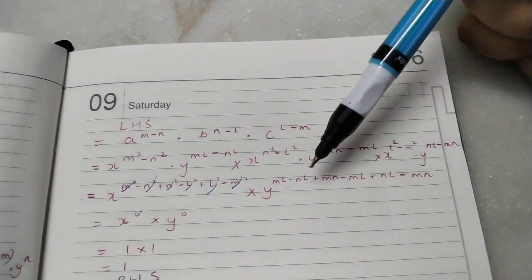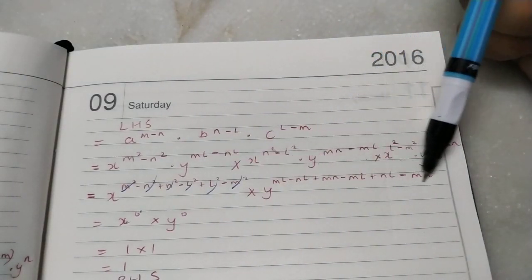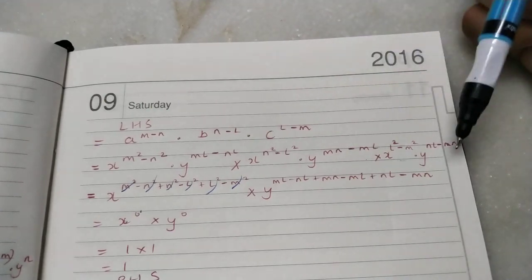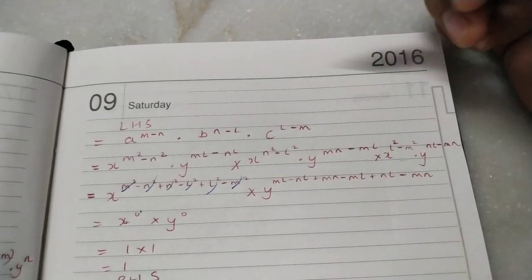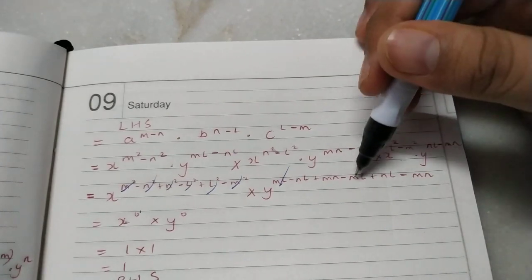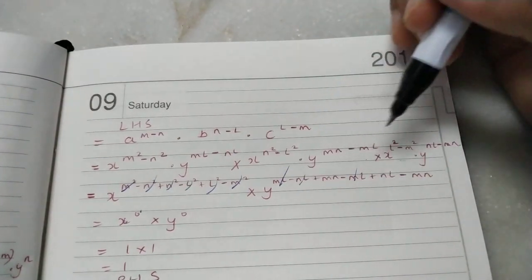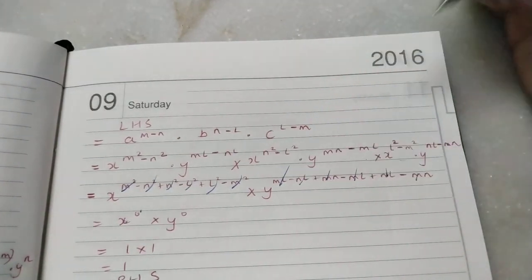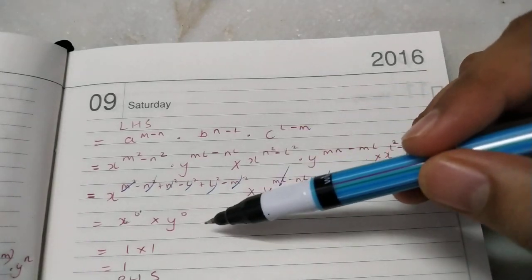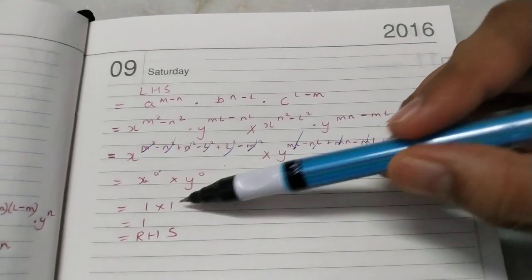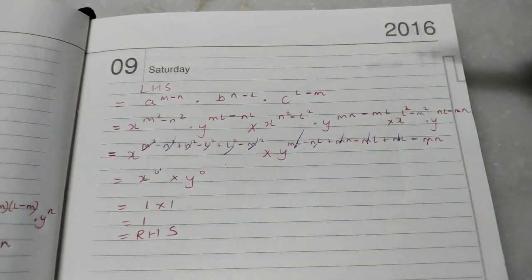And when I get the powers of Y together, addition of all the Y powers, because the base is same, again they get cancelled. So I'm left with Y raised to 0. So 1 into 1, answer is 1, RHS.